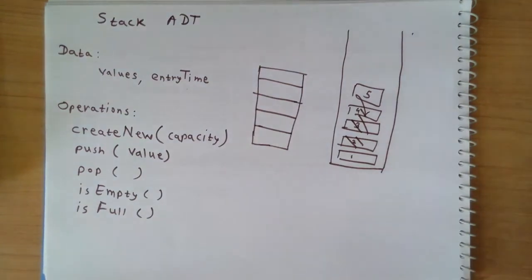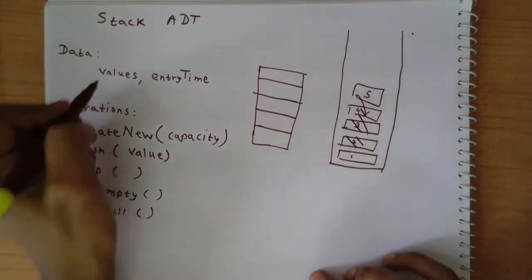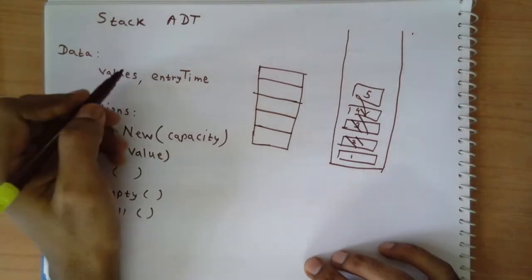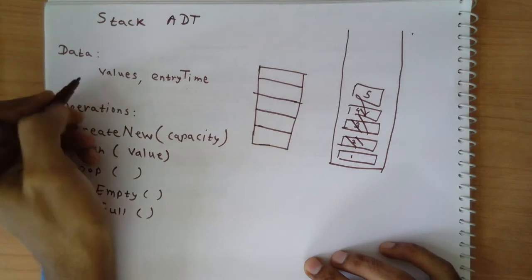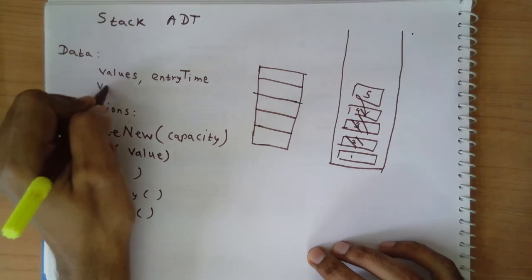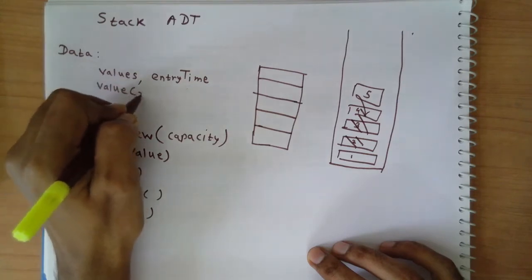These are the 5 cells that I have. That's my create stack. Initially they are going to have some random values. I also need to keep track of how many values there are, so another piece of data that I require is the value count, how many values I have.